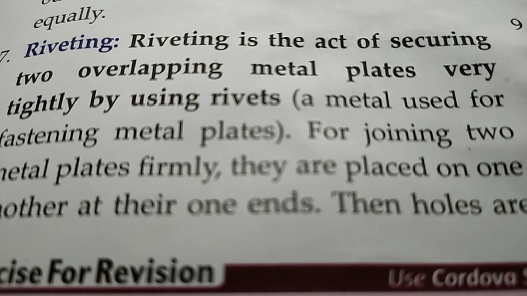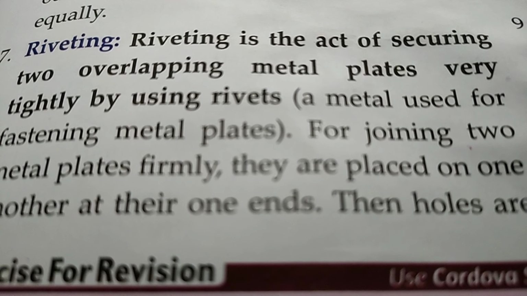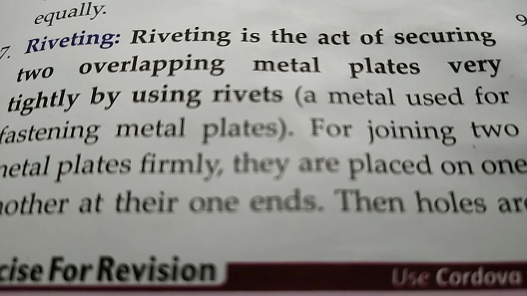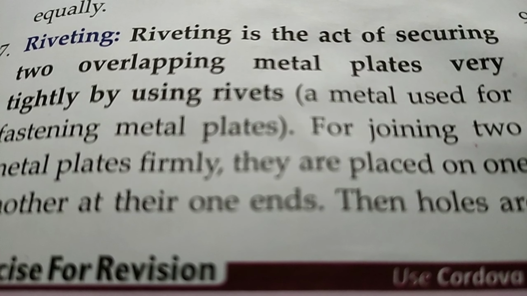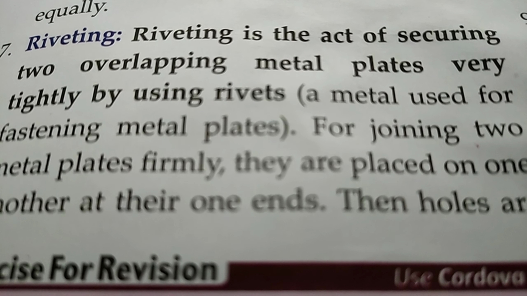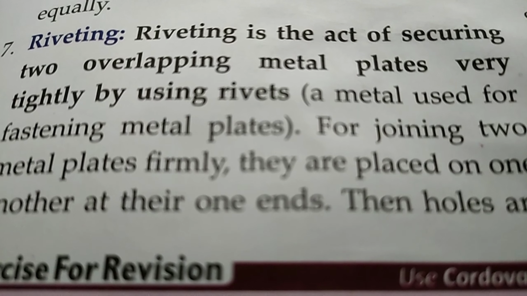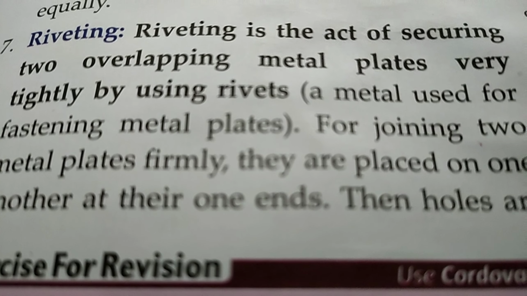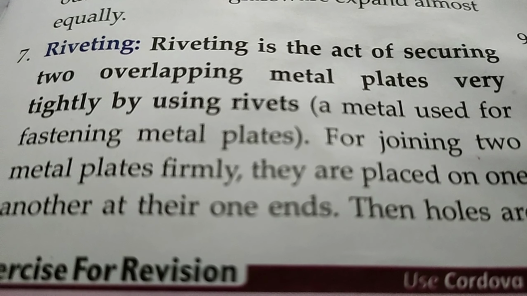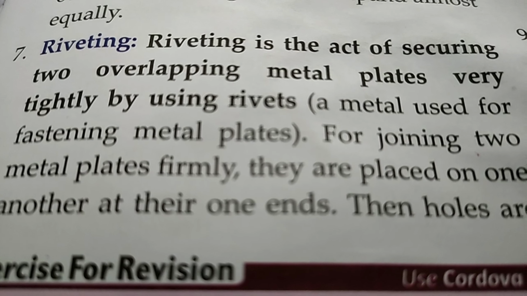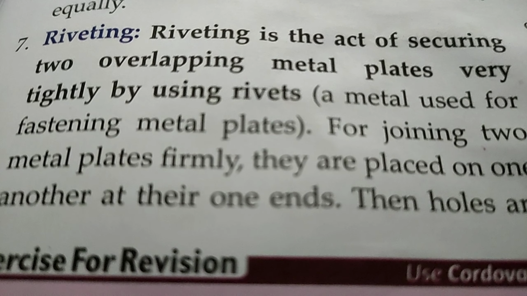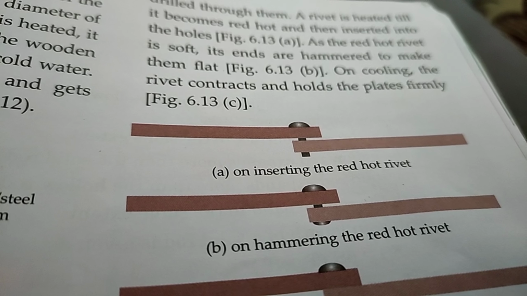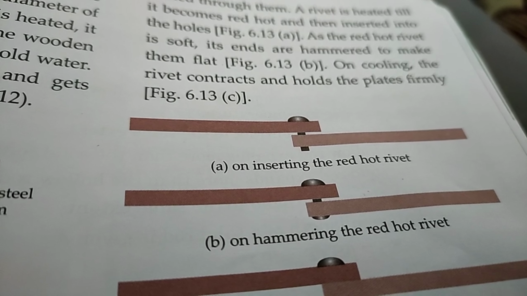Now riveting. What is riveting? It is the act of securing two overlapping metal plates very tightly by using rivets, which are metal pins used for fastening metal plates. So to join two metal plates firmly, they are placed on one another at their one ends, and a hole is drilled through them.